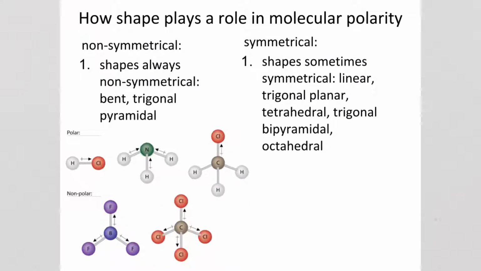Let's take a look at shape. There are some shapes that are always non-symmetrical, or asymmetrical. Those would be bent and trigonal pyramidal. Just those two, because there'll be an uneven balance of these charges here.